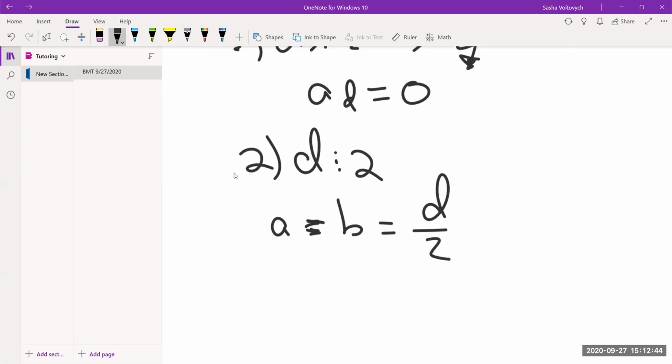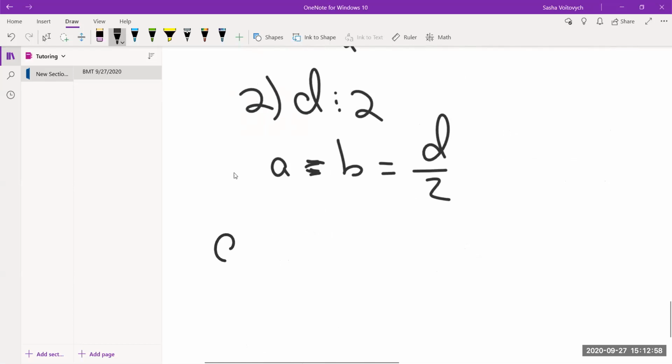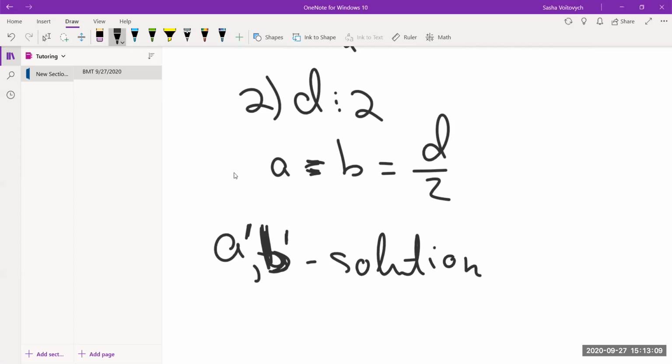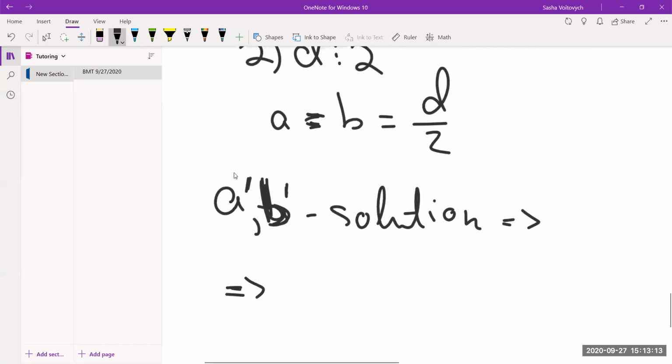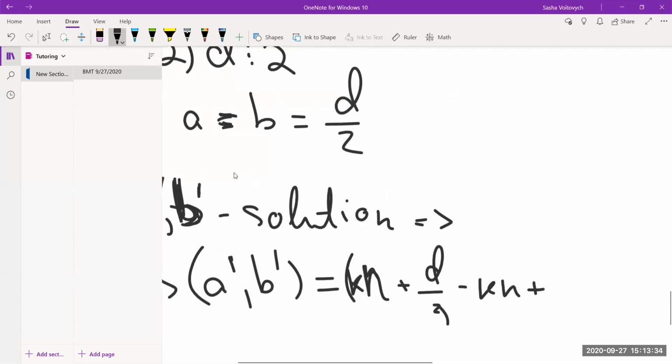In this case, A and B are congruent mod n, obviously, and also their sum is equal to D. My claim is that if A prime, B prime is another solution, then it has the form kn plus D over 2, minus kn plus D over 2.